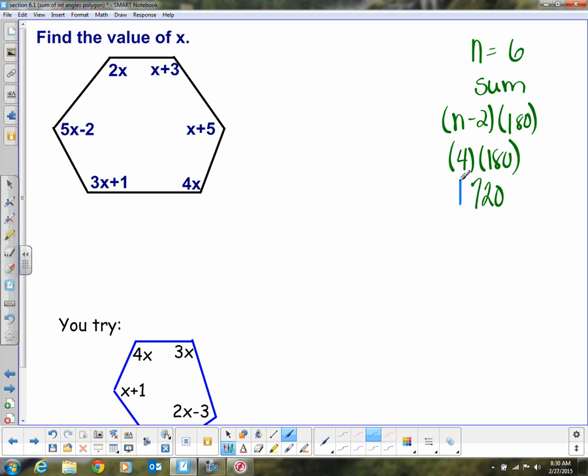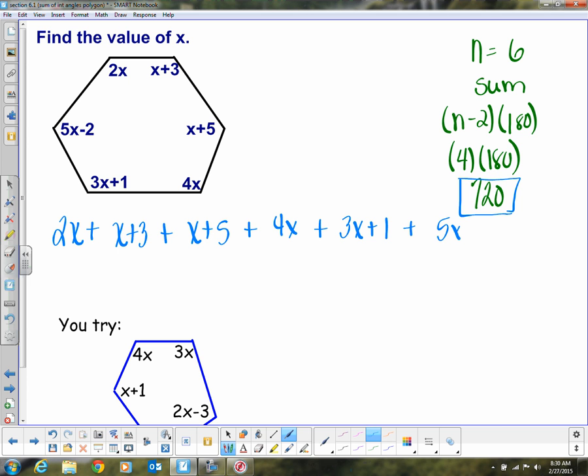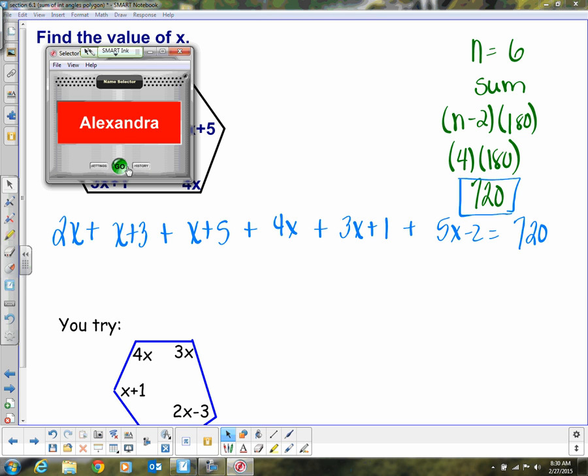We just found the sum of all of them is 720. 2x plus 3, x plus 5, plus 3x plus 1, 5x minus 2 equals 720. Right. Combining like terms is going to go to, Albert?